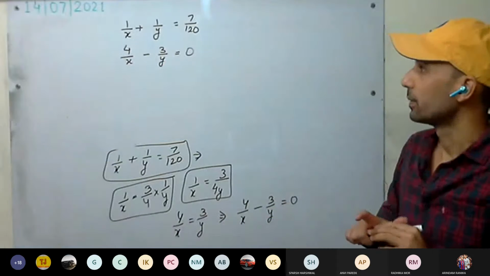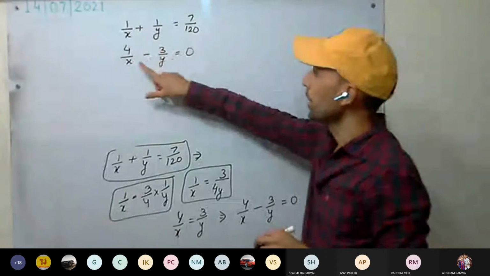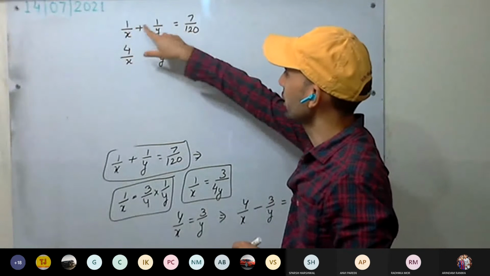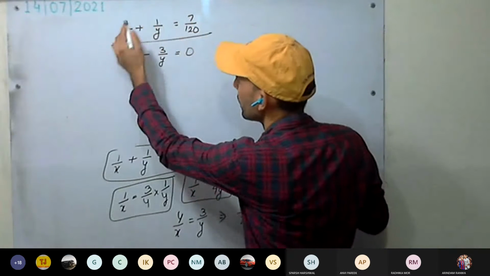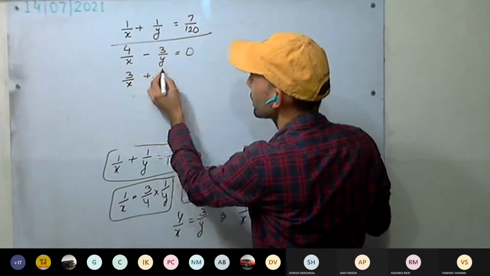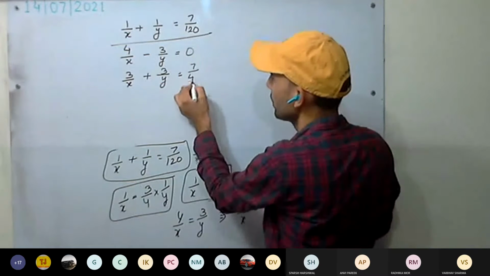Now what we have to do? If I multiply the first equation with either 4 or 3, we multiply by 3. So the first equation will be reduced to 3 upon x plus 3 upon y equal to 7 upon 120, which is 7 upon 40.